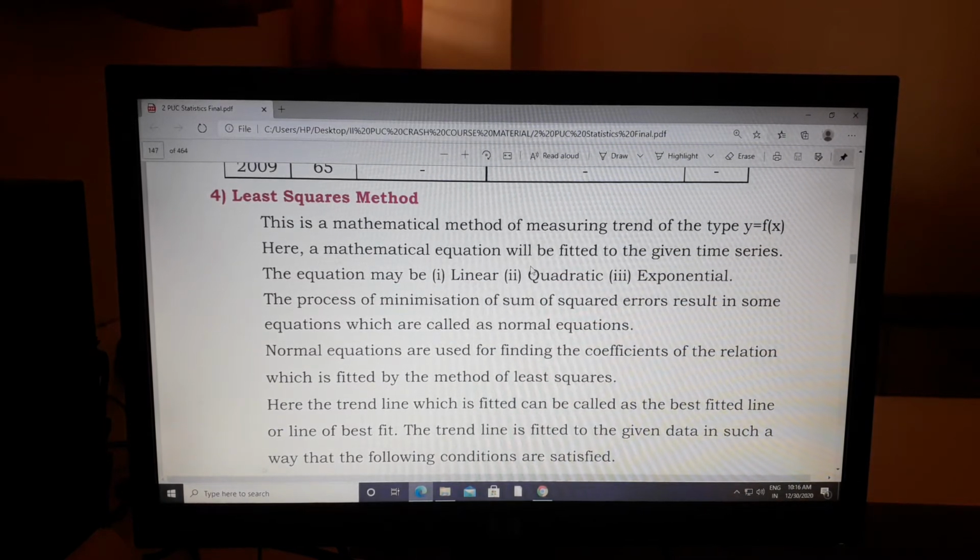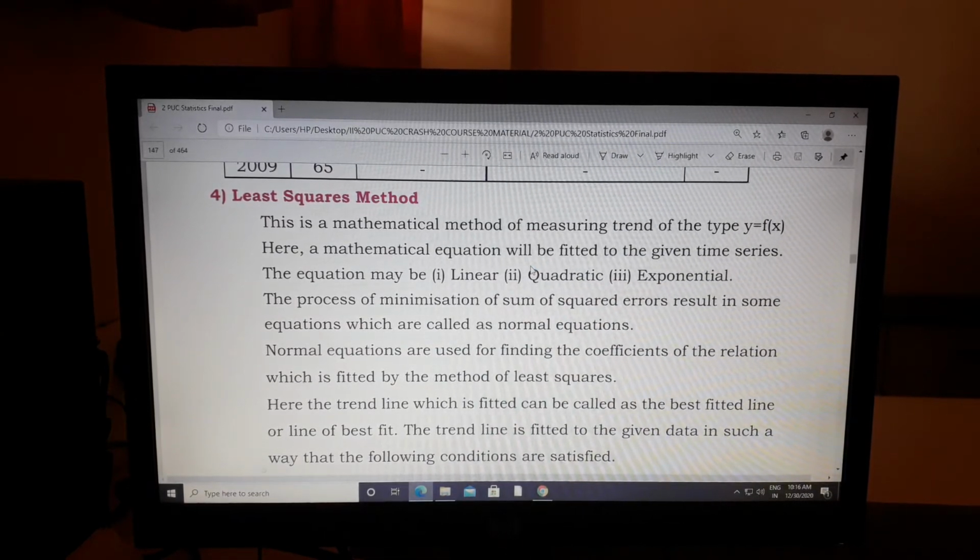Clear? So this is the mathematical method of measuring trend of the type y equals f of x. Here a mathematical equation will be fitted to the given time series data. As we observed from the previous methods, some of the drawbacks were that they are not mathematical models, future value cannot be estimated, and all the observations have to be followed.